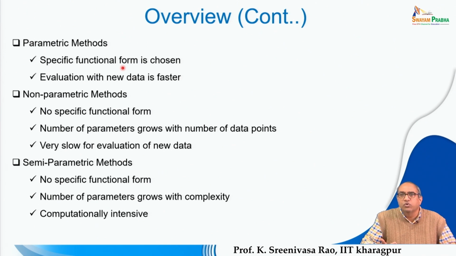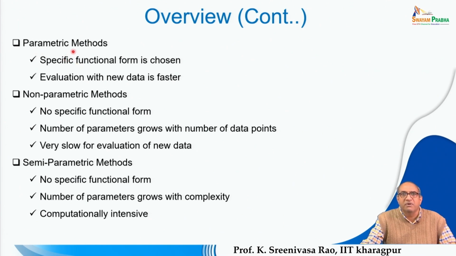Likewise, different functions have different parameters. In parametric methods, first we assume some functional form, fit the data into that function, and estimate the parameters from the given data with respect to that function, and those parameters define the distribution or the probability density function.